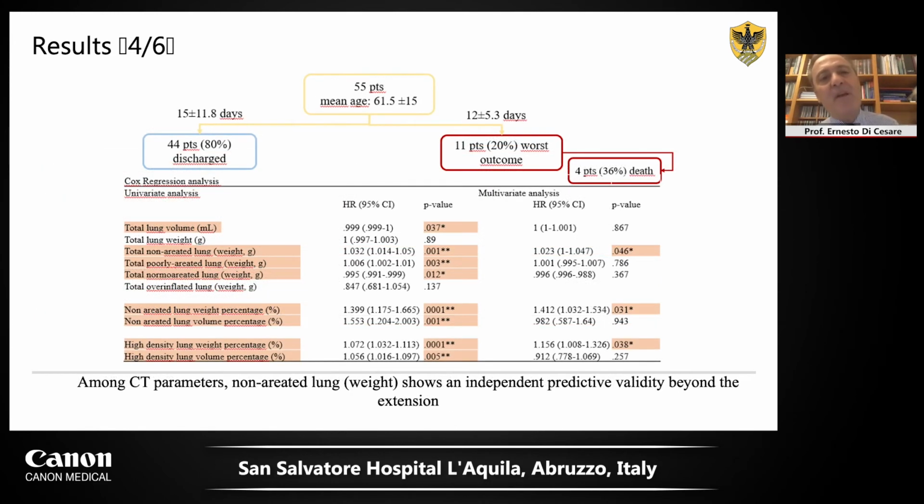In these 55 patients, 45 patients were discharged, 8% died, and 20% had the worst outcome.